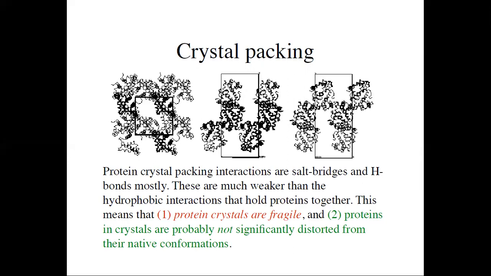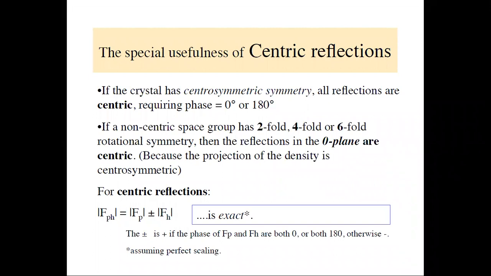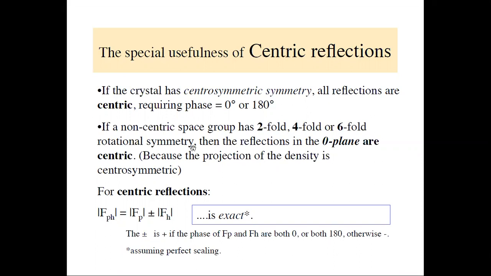So similarly, this is useful for centric reflection from 0 to 180 degrees. From that we can calculate the centric position of the crystal requiring phase 0 or 180 degrees. If a non-centric space group has two-fold, four-fold, and six-fold rotational symmetry, then the reflections in the zero plane are centric.